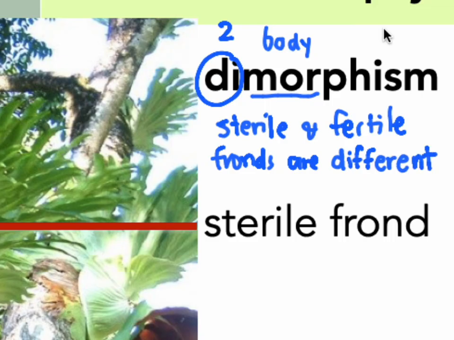If they're not the same, we call them dimorphism. So when you have two types of frond in the same plant, the one that produces spores and the one that does not produce spores are different from each other. We'll see examples of them in the lab next week.